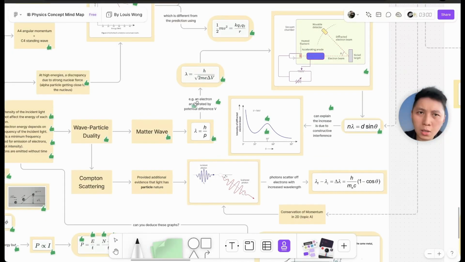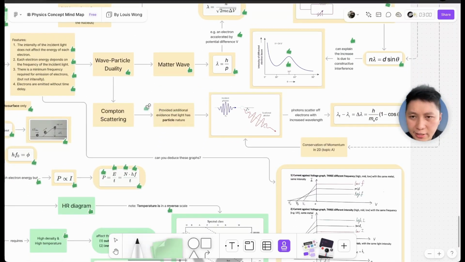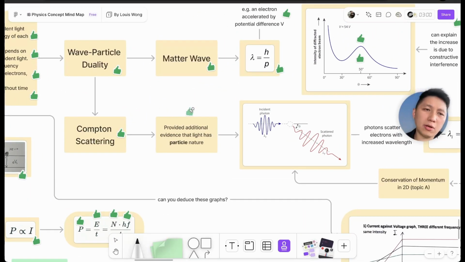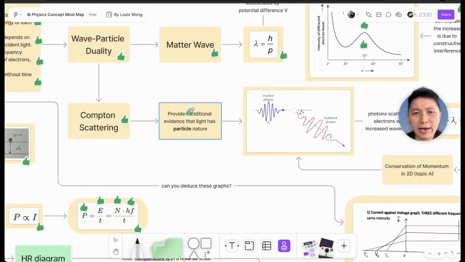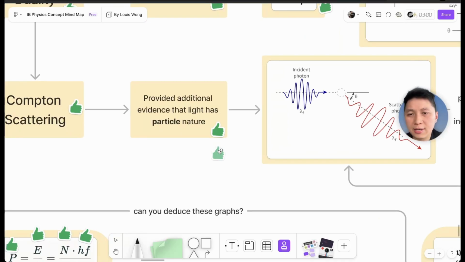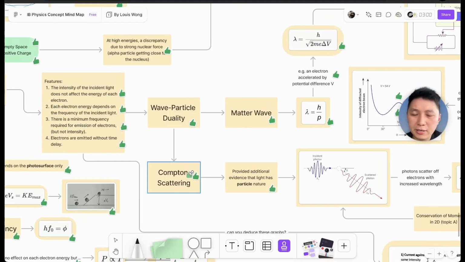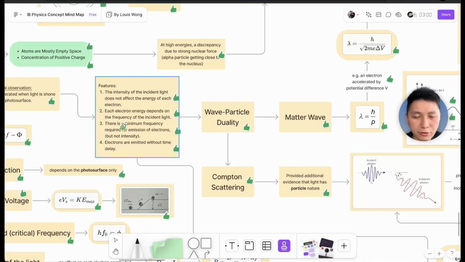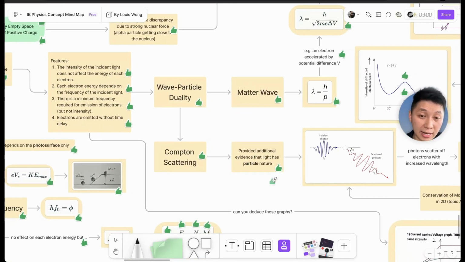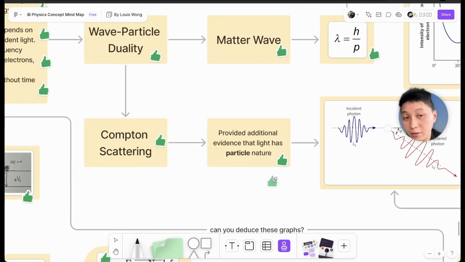So this is, again, when you accelerate them fast enough, this phenomenon they can exhibit is very similar to a wave. Very lastly, we get to the Compton scattering. It's more like an additional experiment we have. It provides additional evidence that light has particle nature. Just very quickly, recall that the photoelectric effect does the same, providing the idea that light behaves like a particle.